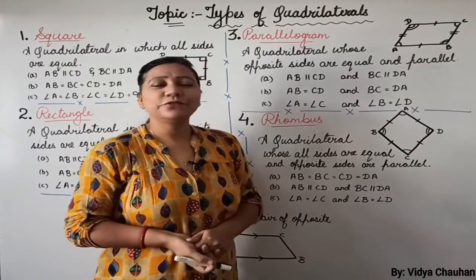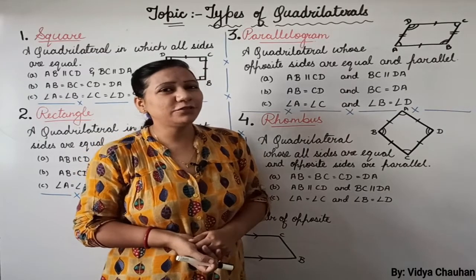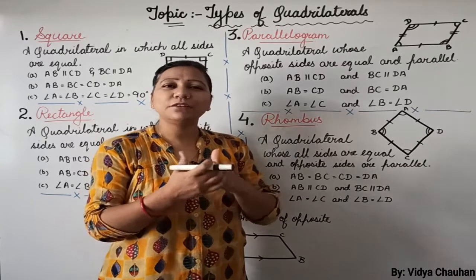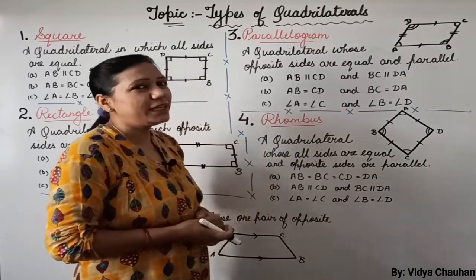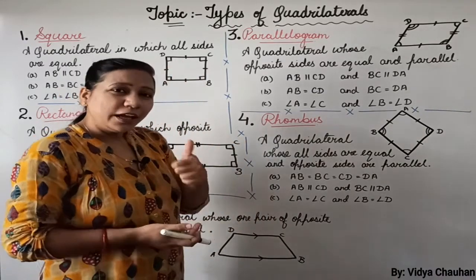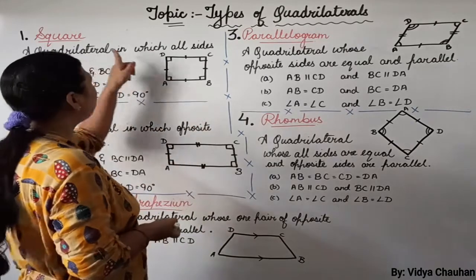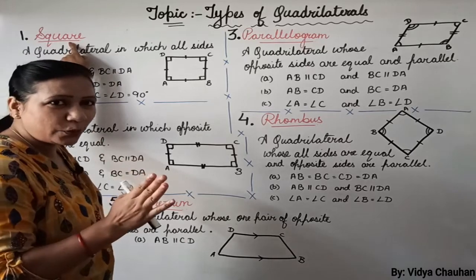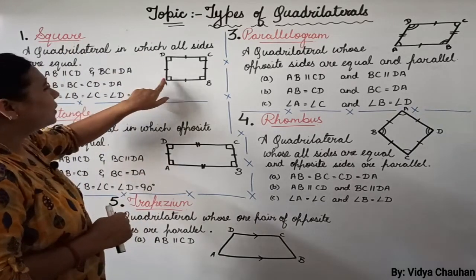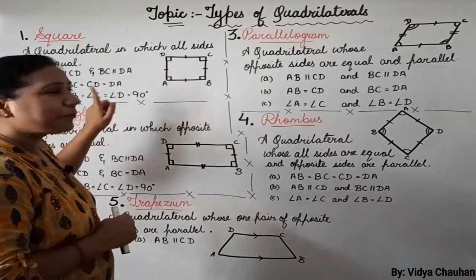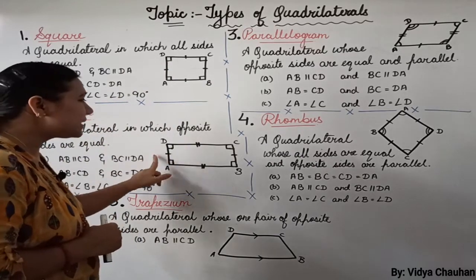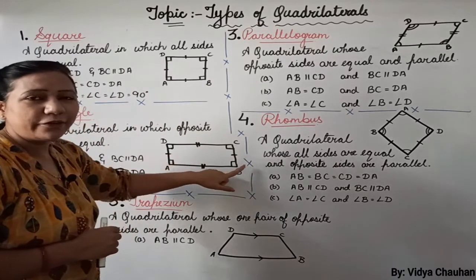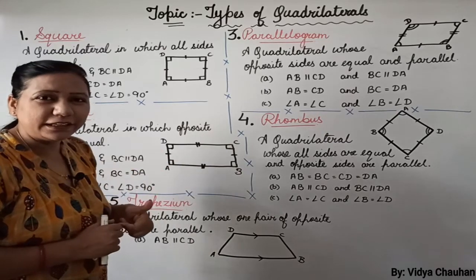So students, with this we have done the different types of quadrilateral and we have discussed the different properties of quadrilaterals. In short, let us discuss once again the different types of quadrilateral. Square, in which all four sides are equal and the vertex angle is 90 degrees. Rectangle, in which opposite sides are equal and vertex angles are 90 degrees each.